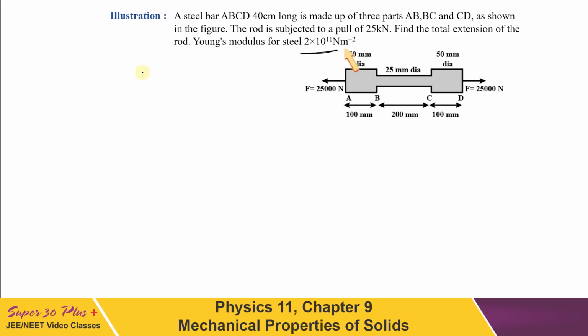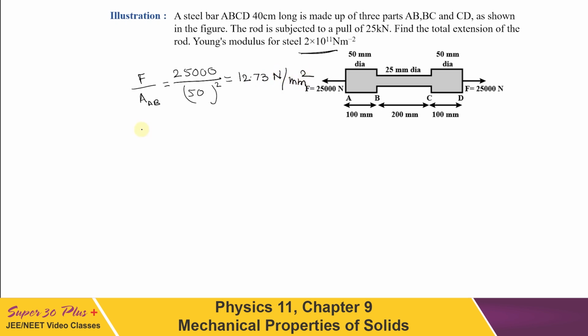I am writing for AB, so the stress will be F upon area of AB. This will be 25,000 upon its area, which is square of 50. That will be equal to 12.73 Newton per millimeter square.